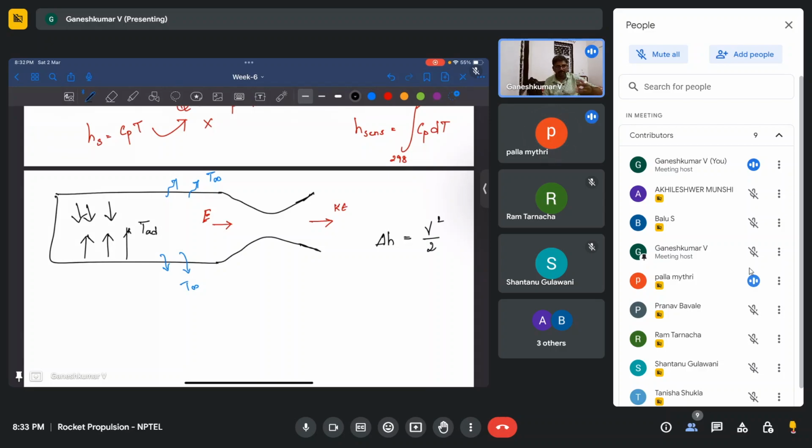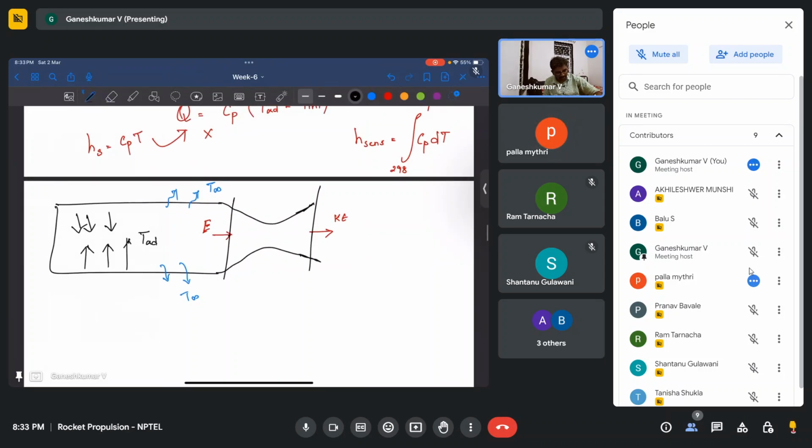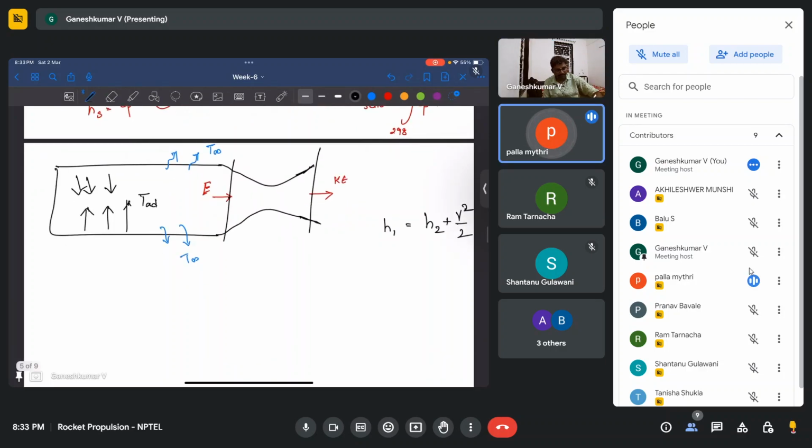If you do an energy conservation from here to here, the enthalpy in the chamber is nothing but the enthalpy at the exit, H2, plus V square by 2, right? So this H2 is the loss. Yes, you can say that this H2 is the loss.